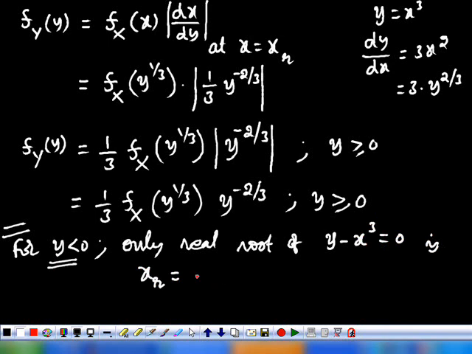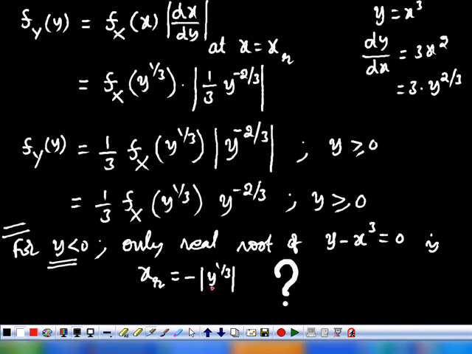Y less than 0, it has this value y power 1 by 3. Then I write it as, see, the magnitude of the root is same in both the cases. So therefore, I write it as modulus of y power 1 by 3. There is the magnitude of the root y power 1 by 3, but its sign is different. If yes, I will proceed. If no, you have to tell the answer. What is the root?